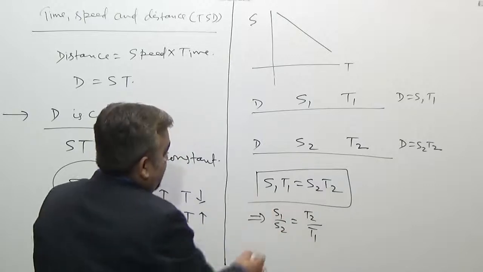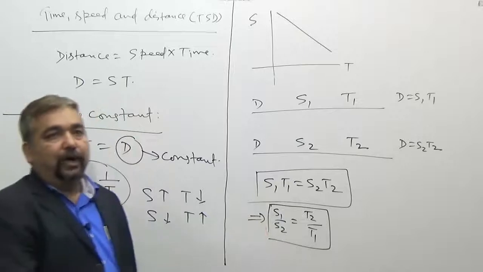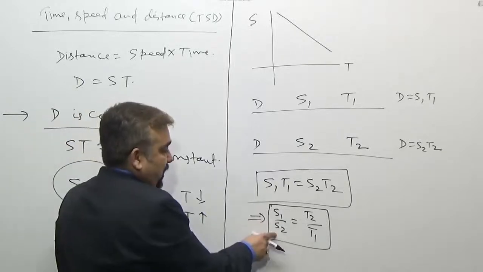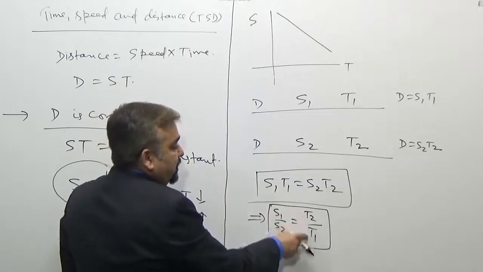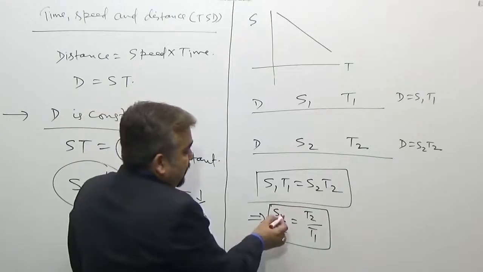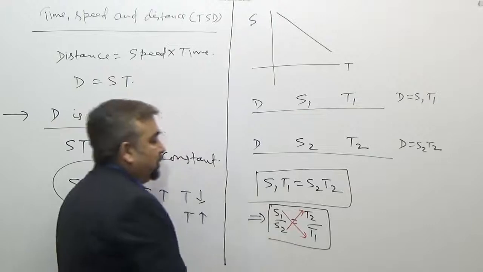And so this is the ratio which will be used in doing questions where distance covered is constant. That is, ratio of speed equals inverse ratio of time. Here you can see this s1 corresponds to t1, this s2 corresponds to t2.